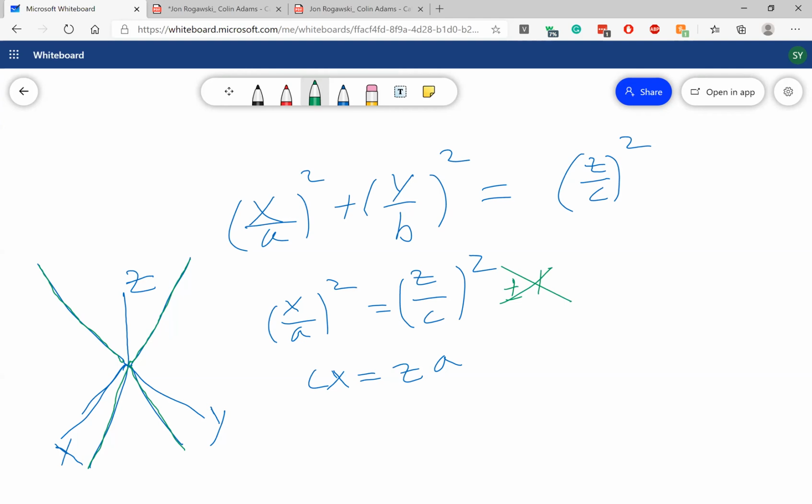Now if I set x equal to 0, then I'm going to get lines in the zy direction. So those would be lines like this. Anyway, it's a cone, so I think it would be better if I actually draw a cone and then trace over it with these lines, because maybe that's getting confusing. So here it's a cone.